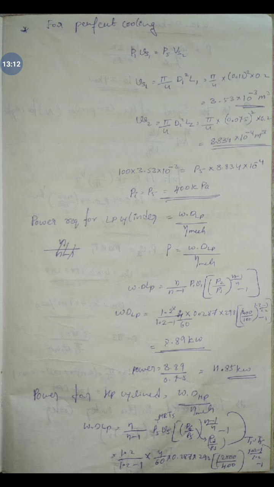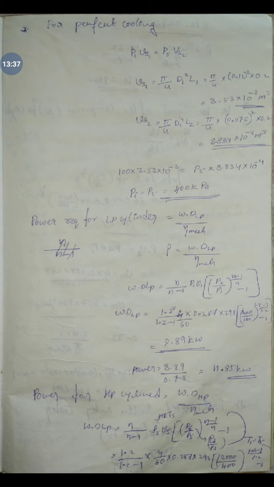So here also he has given the bore and stroke of the HP cylinder. So from this you will get 8.834 into 10 power minus 4 meter cube, that is the swept volume of the HP cylinder. So substituting Vs1 and Vs2 and P1, we are going to get the P5, that is Pi, the intermediate pressure, it is 400 kilopascals.